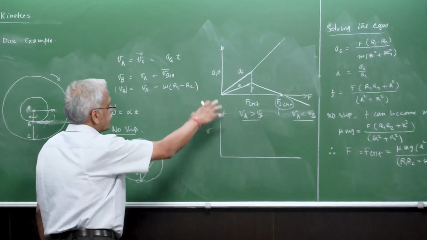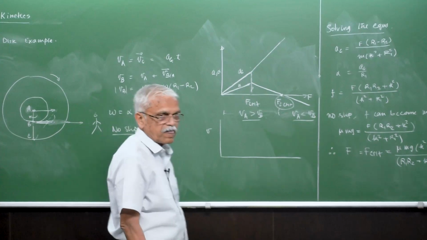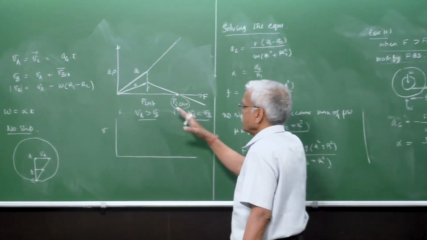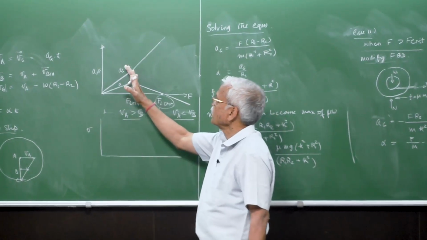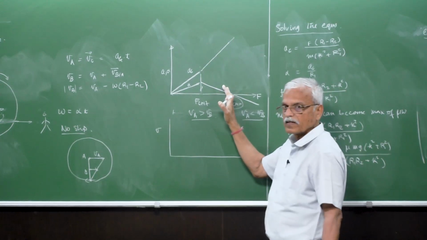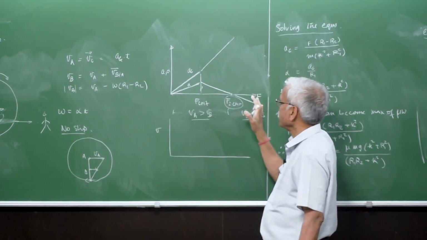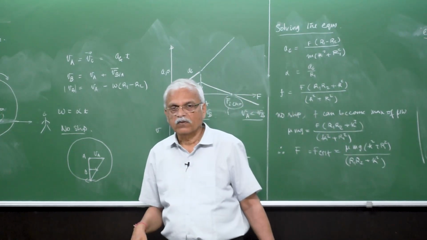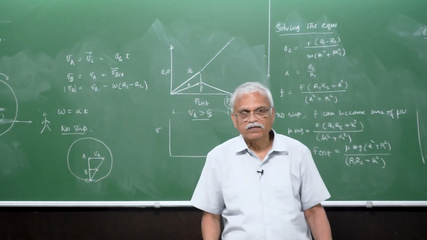So I hope you have understood the two cases, where in the first case it is pure rolling up to here, and in this portion it's rolling and slipping, and in this case it is more slipping than rolling, and rolling is taking place in the reverse direction.